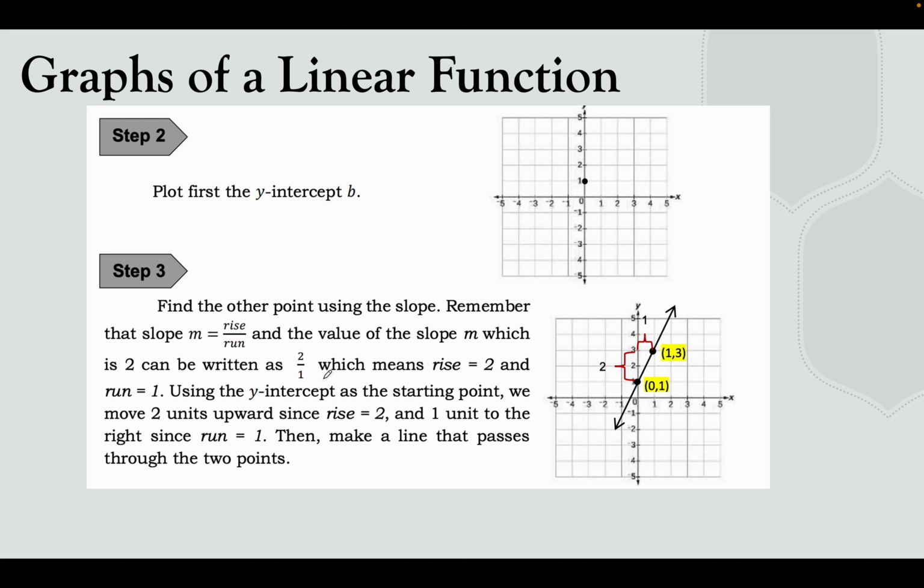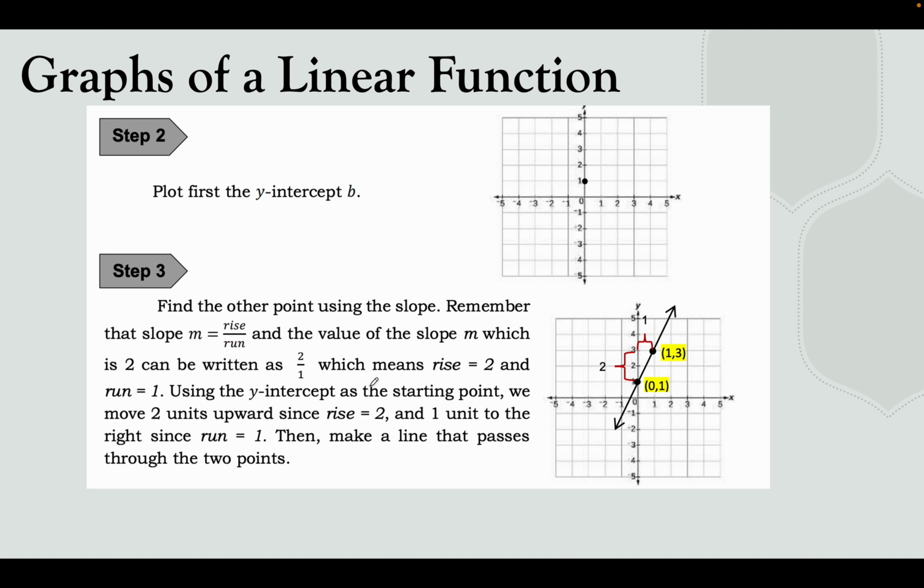If your rise is negative, you need to move downward. In the run also, if you have a positive value of your run, that means you need to move to the right. If you have a negative value of your run, you need to move to the left.